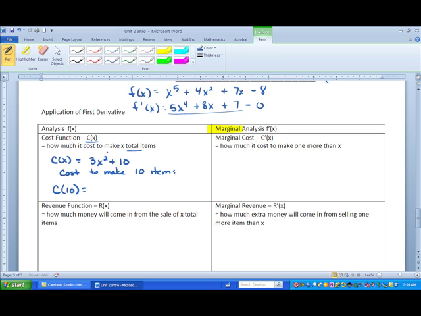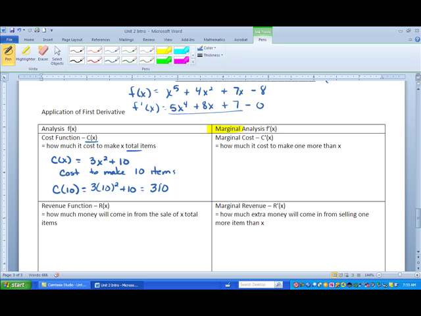So this is our total cost. We do 3 times 10 squared plus 10, which would be 310. Again, that is not per item, that is the total cost. If I wanted to know on average what it costs me per item, I could then divide by 10 and find that it's about $31 an item.